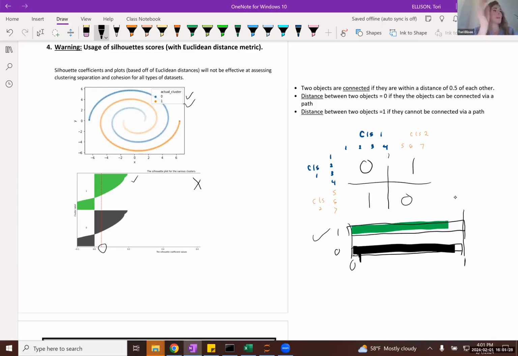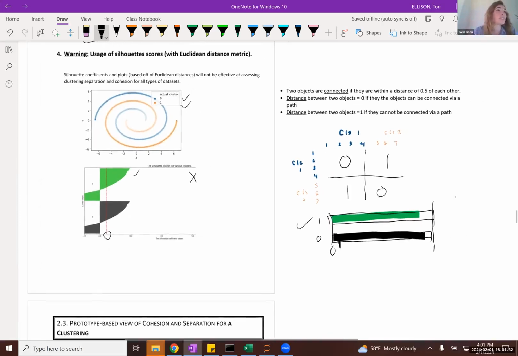Okay. Now this makes things really tricky for us though, right? Because this is a very unrealistic scenario. We can't actually see what this data set looks like with our eyes, usually, because we're usually dealing with high dimensional data.